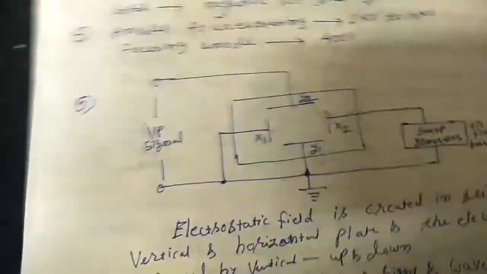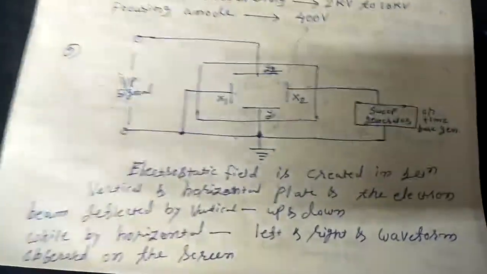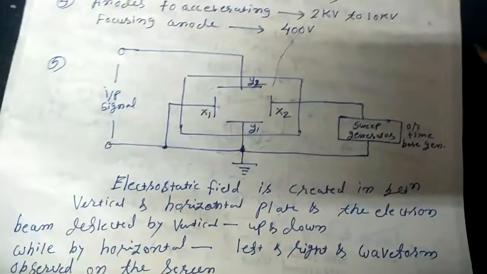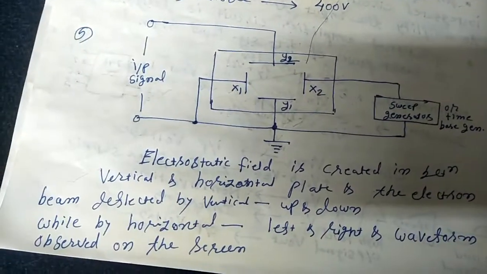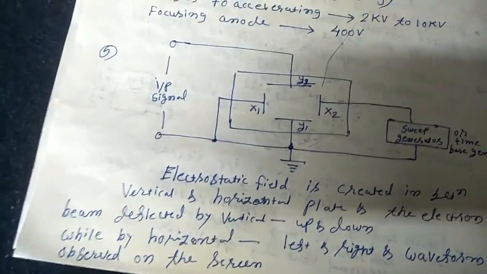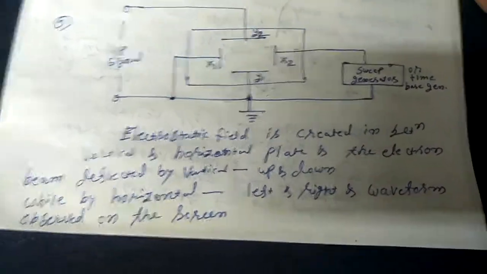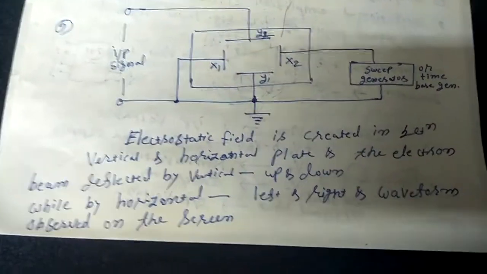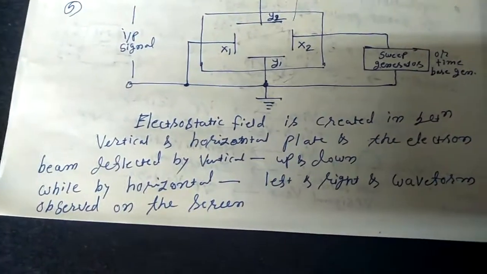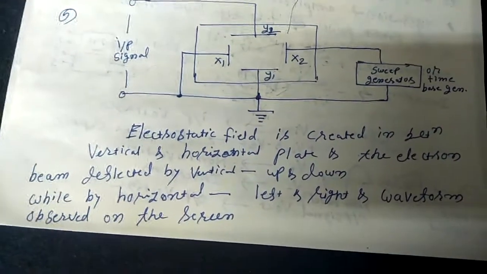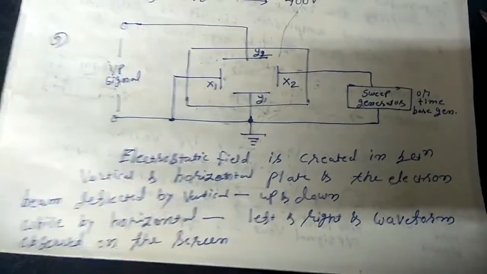Because of these two voltages, an electrostatic field is generated across the vertical deflecting plates Y1 and Y2 and X1 and X2. So the electron beam passing through the vertical and horizontal deflecting plates gets deflected due to the electrostatic field.